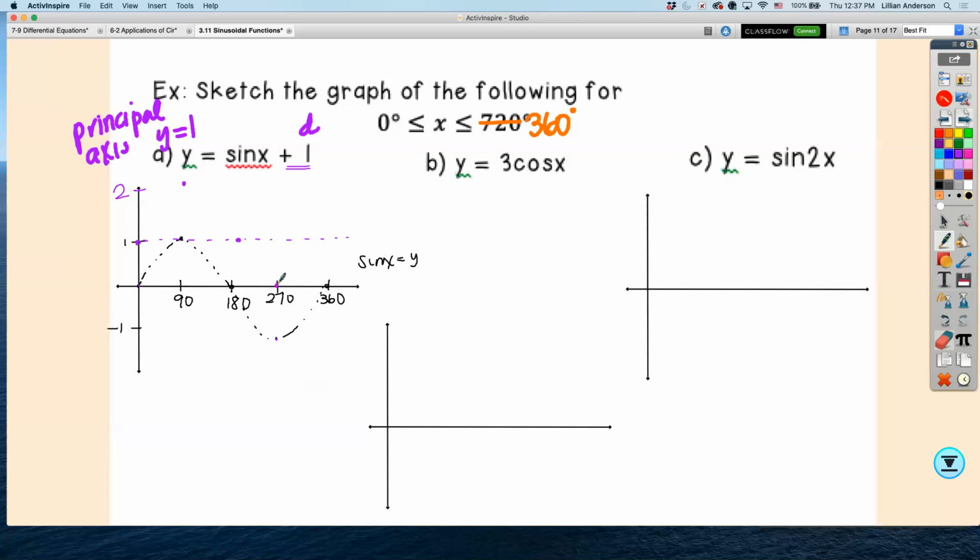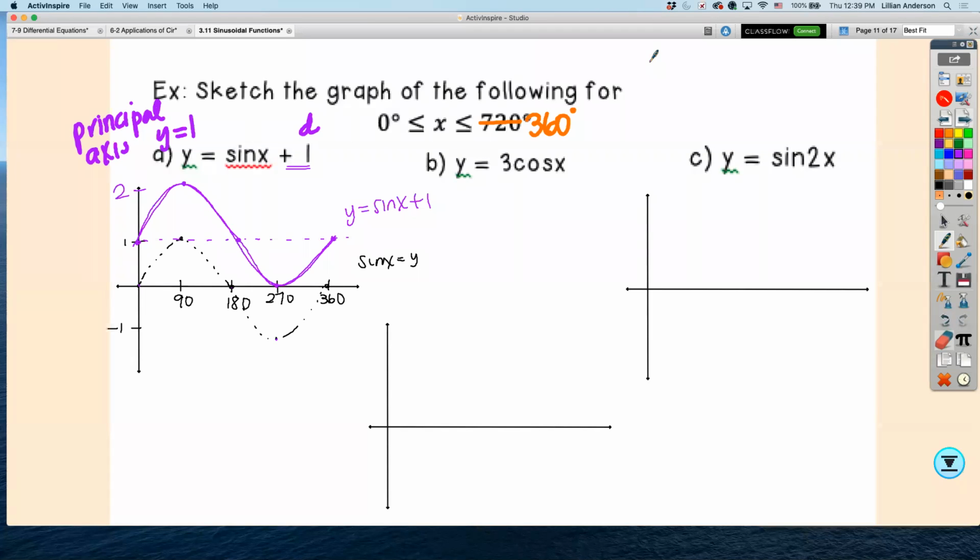And then this point at 360, 0 has been shifted up to 360, 1. The principal axis is a vertical translation of my graph, so it has shifted my graph up 1 unit. And this is the graph of y equals sine x plus 1.